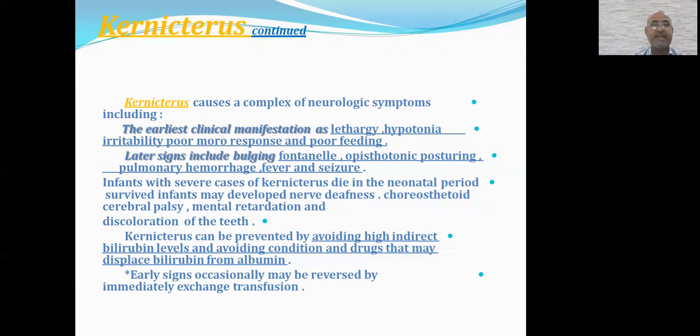So the early symptoms may be prevented or reversed, while late signs, if we have accumulation of a high level of bilirubin inside the brain cell, are at that time not reversible. So early identification of the condition and early intervention can help to prevent such a serious condition.